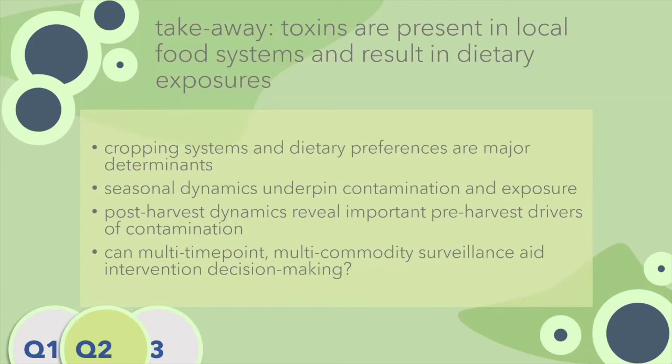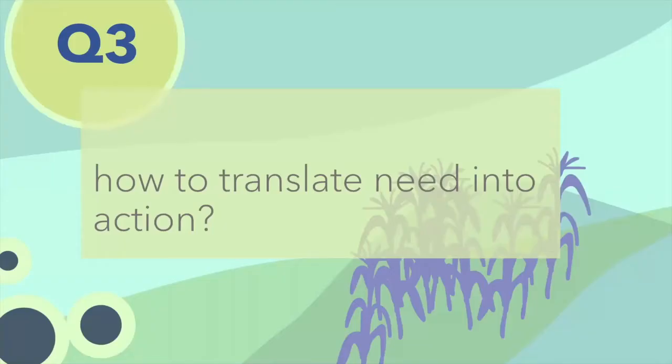And this really prompted us to wonder whether multi-time point, multi-commodity surveillance of this nature can aid in intervention decision-making. And that takes us to this third and final study, which is how do you translate need into action?